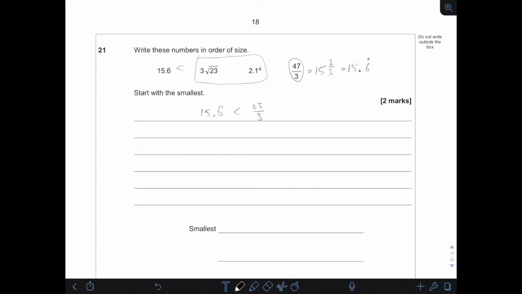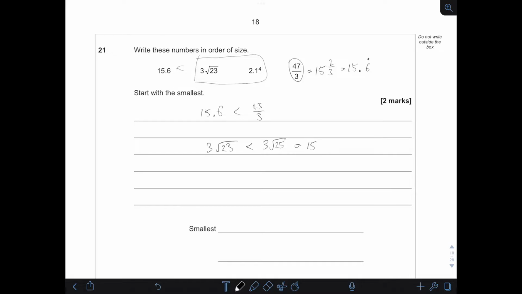Now we want to figure out what 3 root 23 is, which is fairly difficult, to be honest. Right, so we know that the square root of 16 is 4, square root 25 is 5, so this is just shy of 3 times root 25, which is equal to 15, because 5 times 3 is 15.